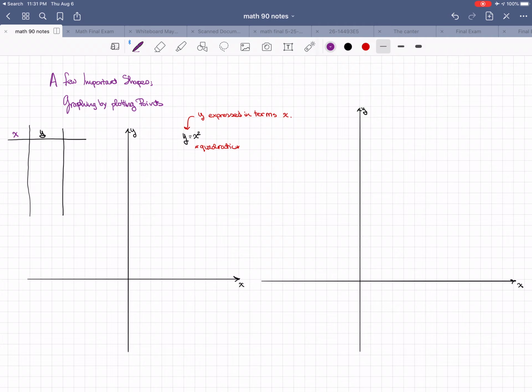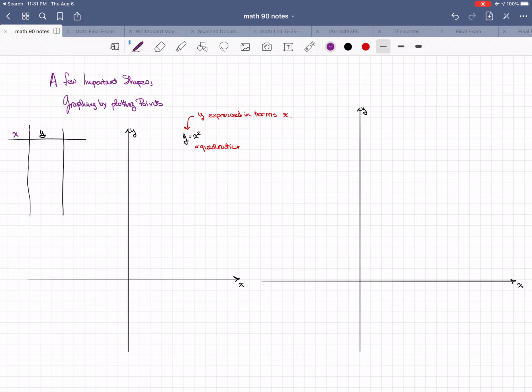While you are totally welcome to pick some values for y and then solve for x from there, it would actually take some solving, right? Whereas if we just pick a bunch of values for x, it's essentially plug and chug to get the values for y. So it's a little easier to do it that way.